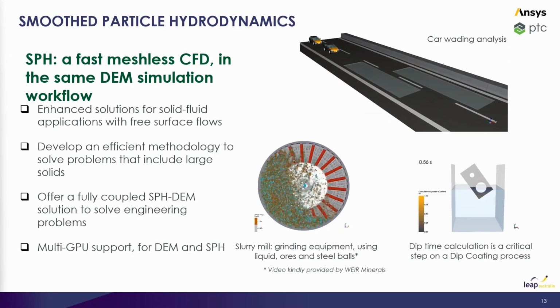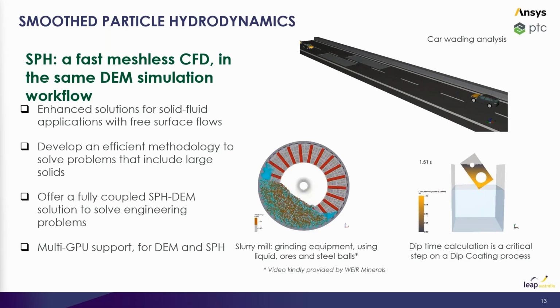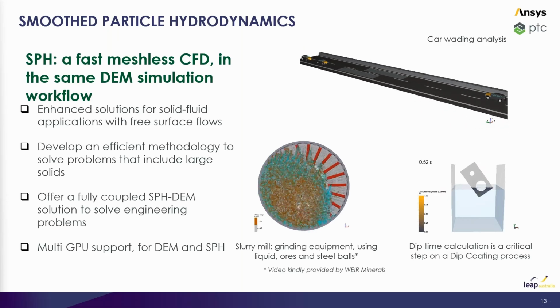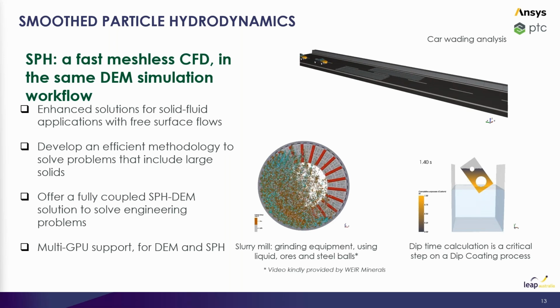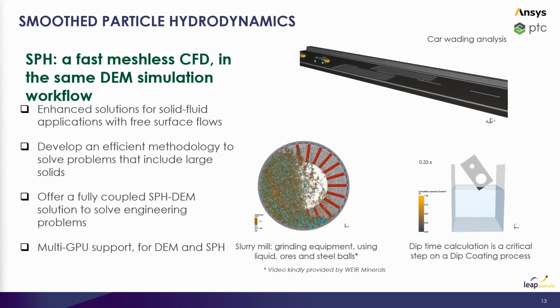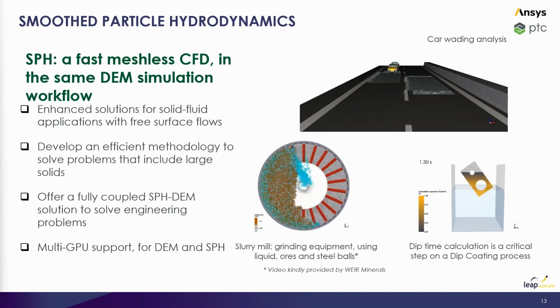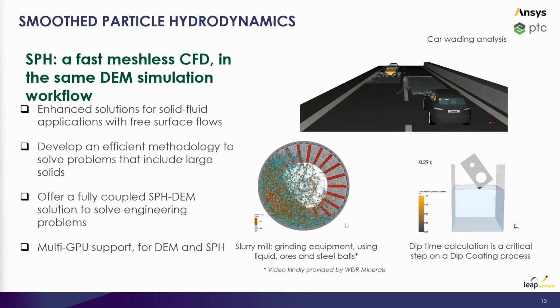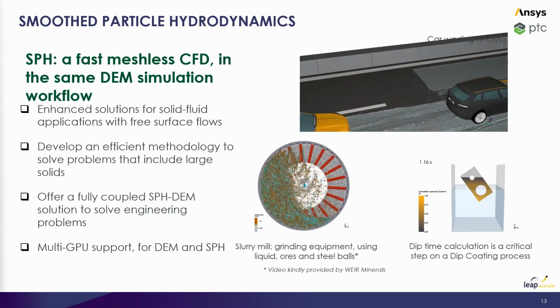Now, with this method, because we are tracking particles within their reference frame, it's a Lagrangian approach, pure advection is treated exactly. And so for this reason, SPH is particularly suited for large displacement type problems for both fluids and solid materials, as well as for modeling of flows with distinct free surfaces.